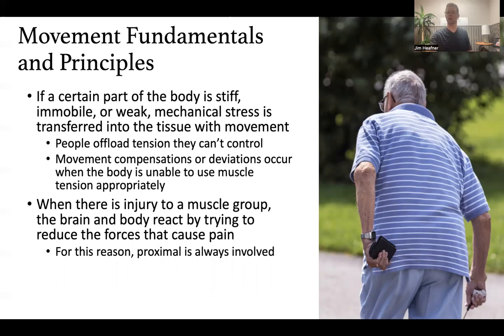People will offload tension that they can't control. So as this gentleman in the picture is walking, clearly he's leaning forward, he's off to his right side a bit, he's offloading something because of a stiffness or a tightness. Those movement compensations or deviations are an example where the body is not able to use the tension appropriately.